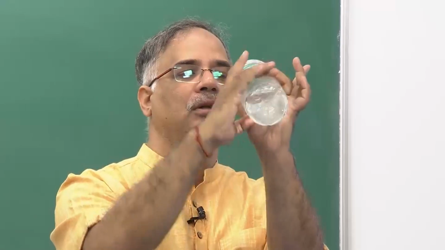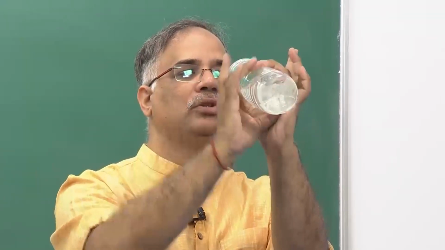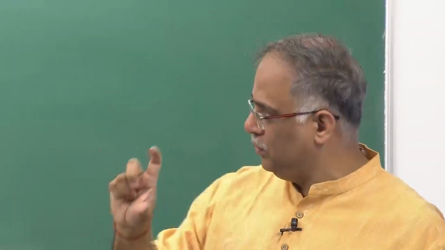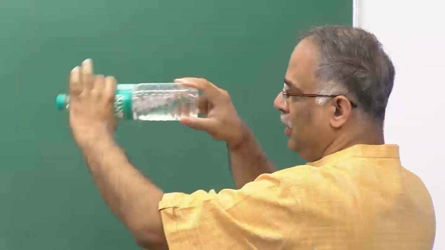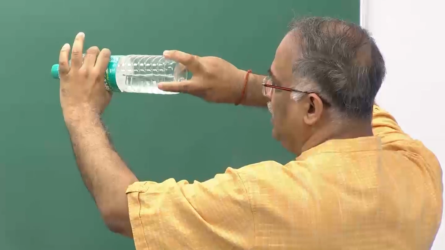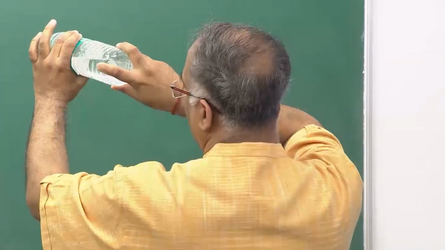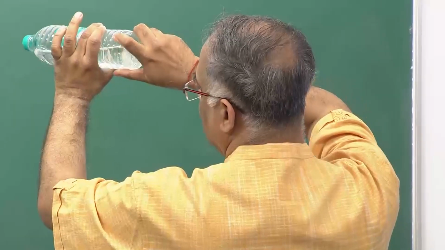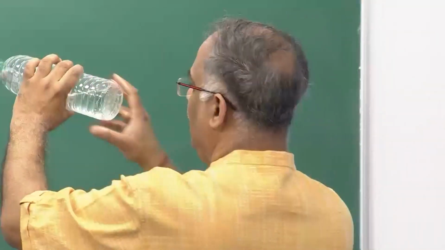You see that if it is clockwise, this is the screw you want to put in, and you are moving it clockwise from your direction, then the screw is going inside.